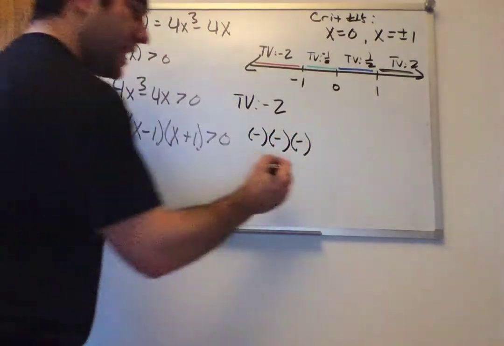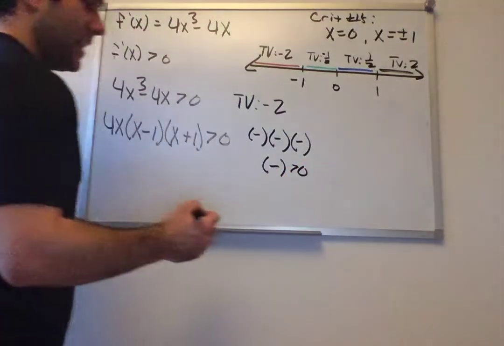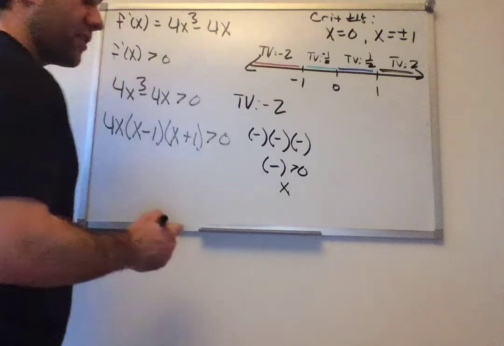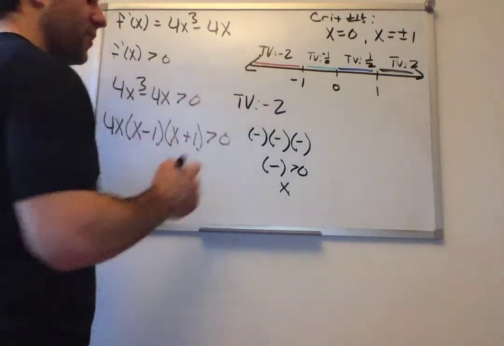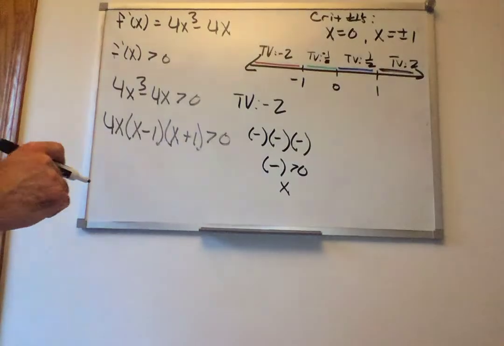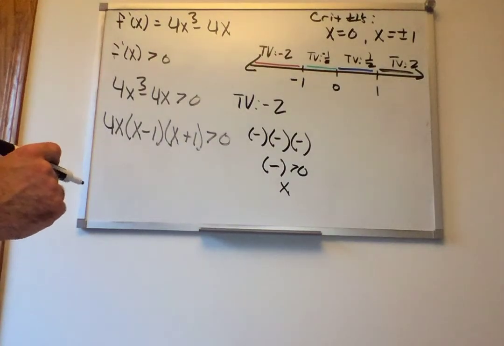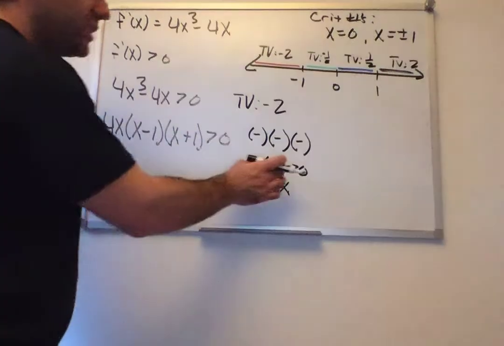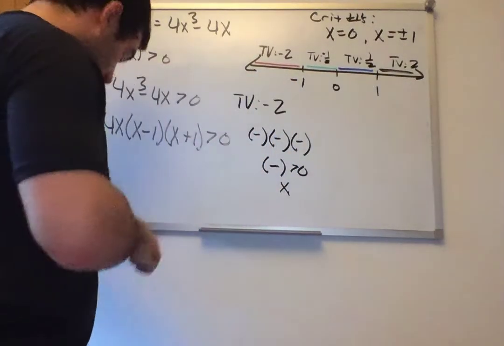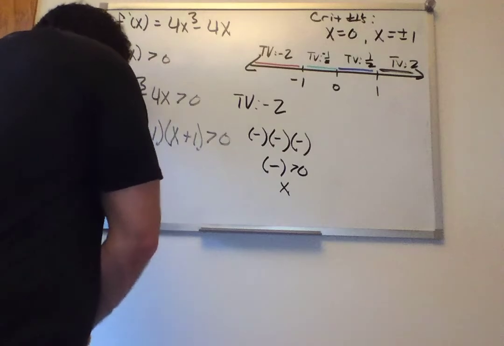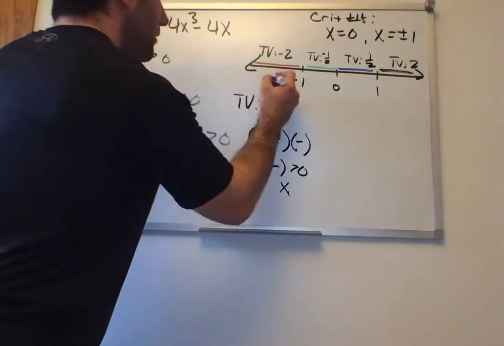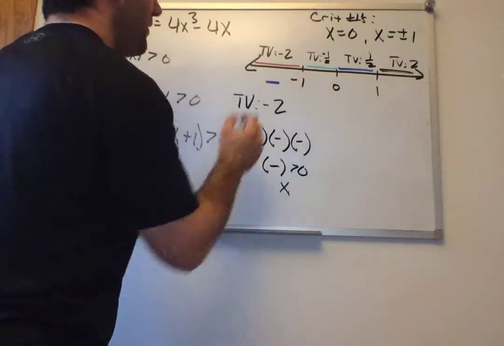If we were doing the increasing-decreasing test, a negative number greater than 0? No, a negative number is not greater than 0. So in this interval, it would not be increasing. So that's doing examples from a little bit ago. But we just really care about the sign. So I will do this in a different color. We're negative on that interval.